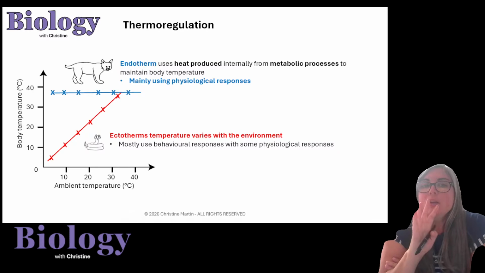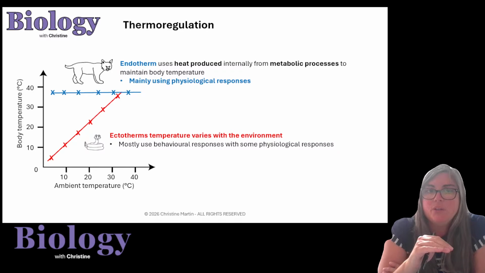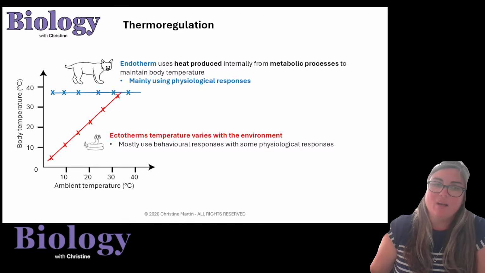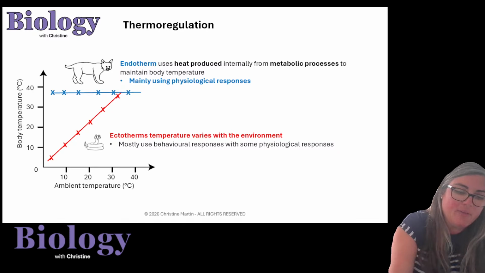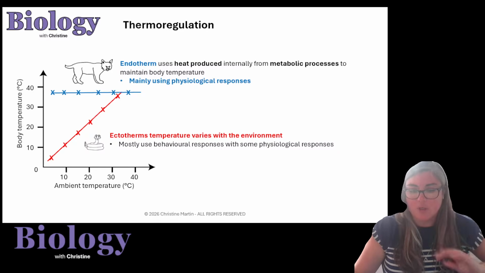So when we talk about endotherms, we're talking about mainly using physiological responses. When we talk about ectotherms, they have their temperature varying with the environment. Now, I have a feeling that fish is coming up somewhere in this paper of yours, potentially.